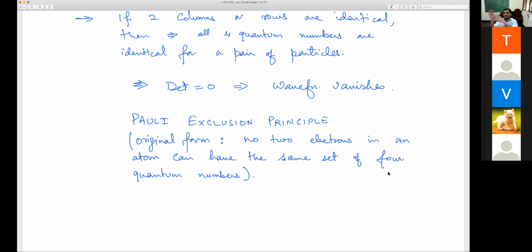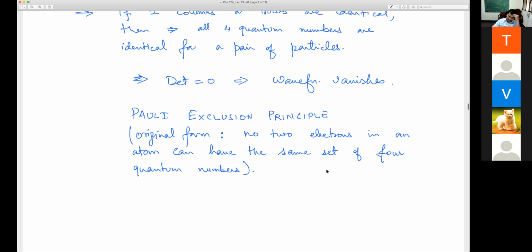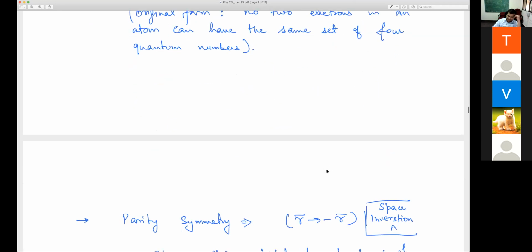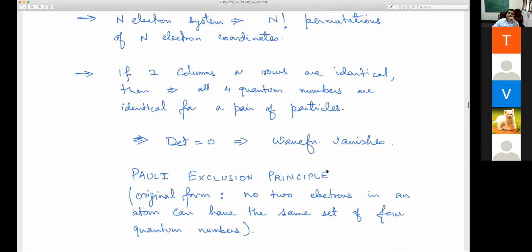And in addition, there's an additional degree of freedom, the spin of the electron, which is the ms quantum number. So n, l, ml, and ms: a set of four quantum numbers. If they are identical for any two states, then no two electrons can be in that same state. So this is Pauli's exclusion principle, which we now know works for other systems also, other than atomic systems.